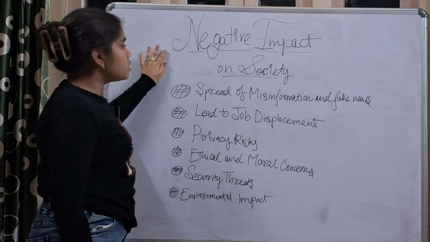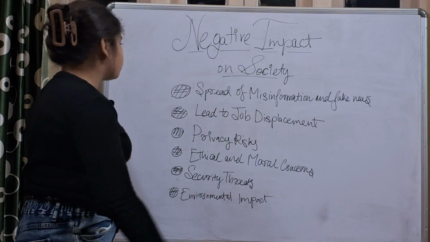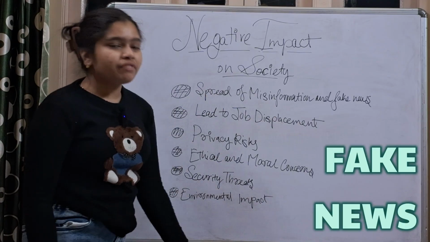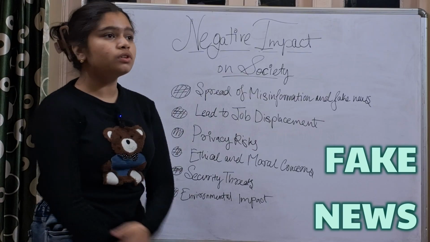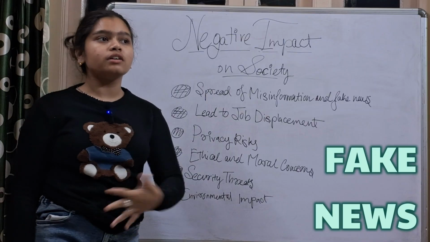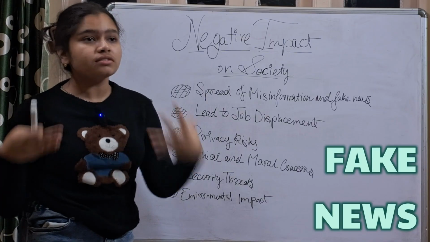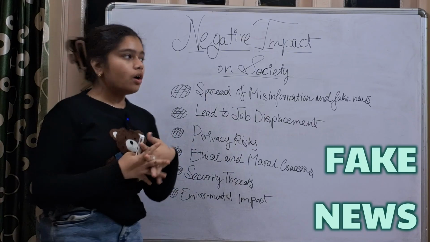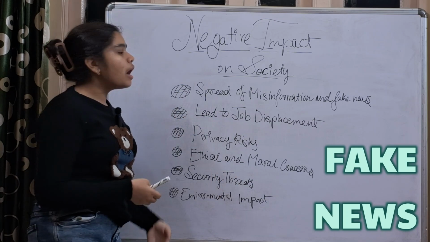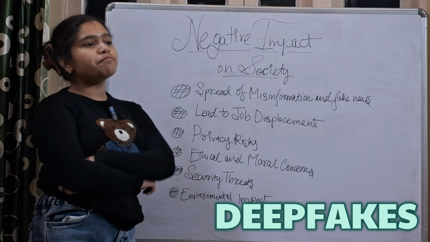Now we'll study the negative impact of generative AI on society. First is the spread of misinformation and fake news. AI can generate realistic-looking fake news, and this reduces the trust of common people in the media and the news channels, right? And also coming to the concept of deep fakes.